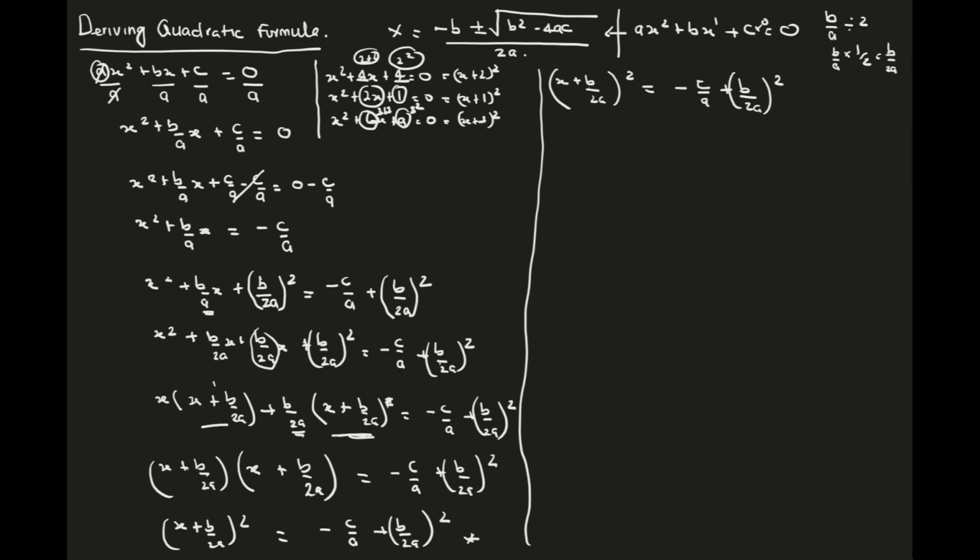What we're going to do is find the square root of this. So I'll find the square root here and then I'll find the square root here. So what's the square root here? The square root will be x plus b over 2a is equal to plus or minus, now I'll bring this positive to this side, so it will be b squared over 4a squared minus c over a.